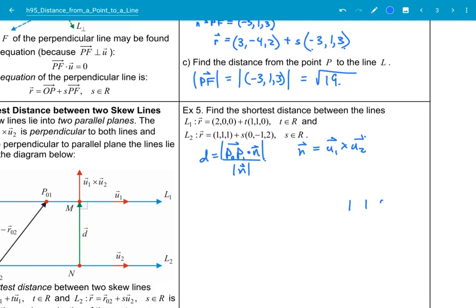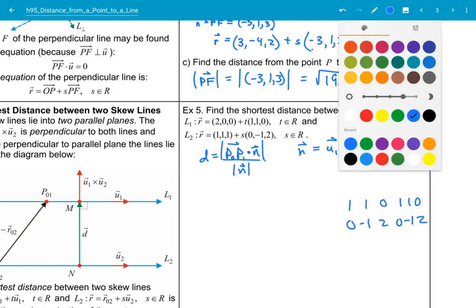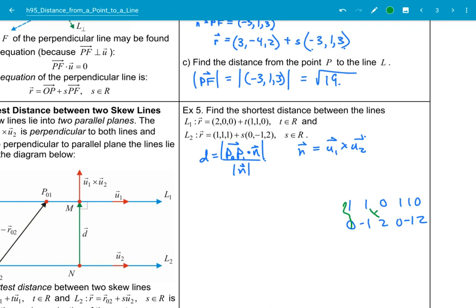It's 1, 1, 0, 0, -1, 2, just going through the cross product algorithm. It's 2 minus 0, 0 minus 2, right? And then finally negative 1 minus 0, so negative 1. So it is P naught to P1. So we're going to take this to be P naught and this to be P1. So P naught to P1 is negative 1, 1, and 1.